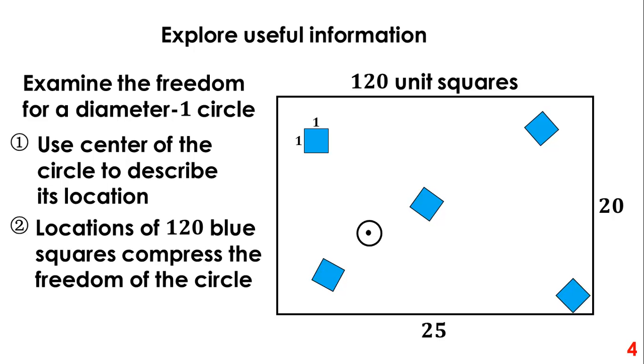Then let's consider locations of 120 blue squares. Although it's hard to describe, we know the locations will compress the freedom of the circle, limit the freedom of the circle.